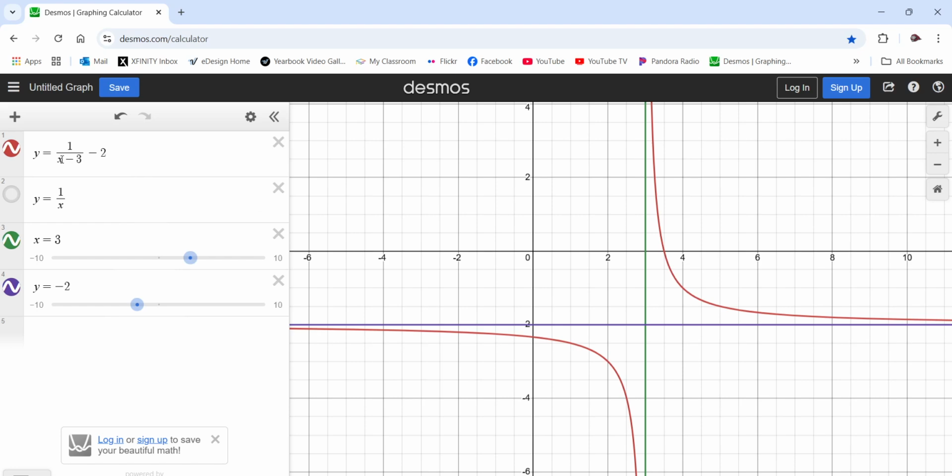So that would be 3, so x would be 3. Right there's your asymptote. And right here, you know it shifts down 2, so y equals -2. Once you have that, you don't have to be super accurate on the curve. Just give me some kind of curve that swooshes like this and swooshes like this.